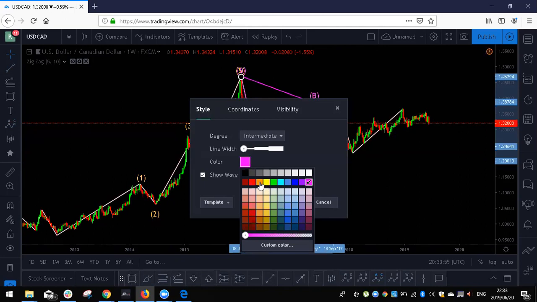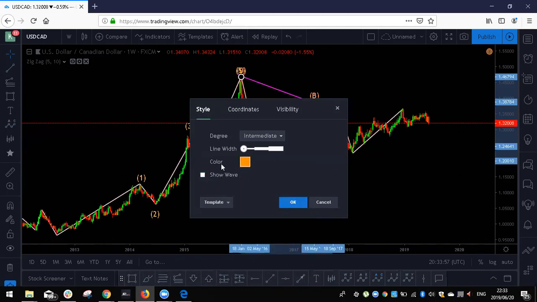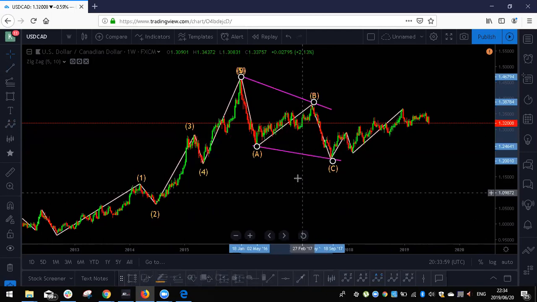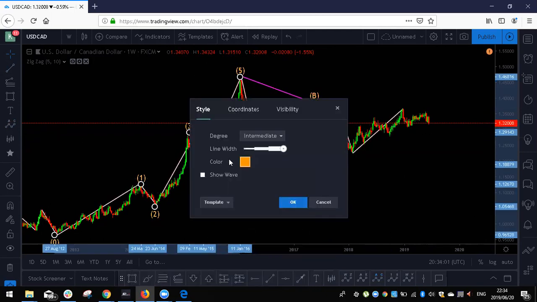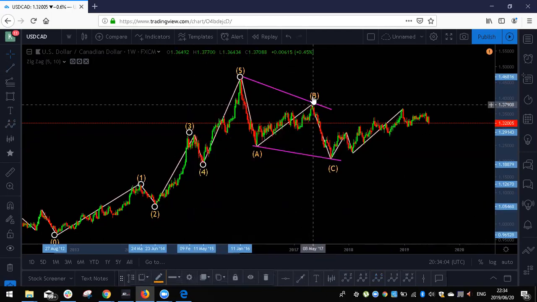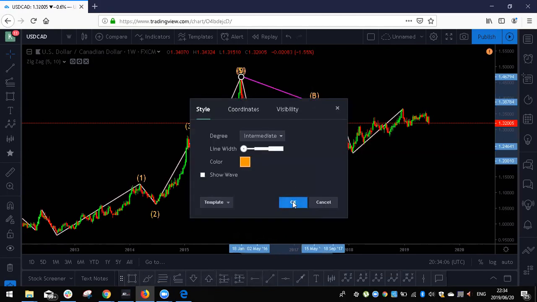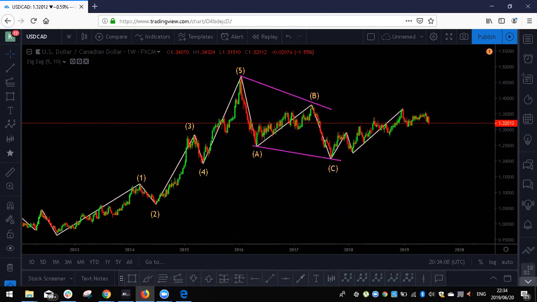Let me make it orange. Okay, this is an intermediate degree. This is also an intermediate degree. So we have this 5-wave move and then this corrective structure.